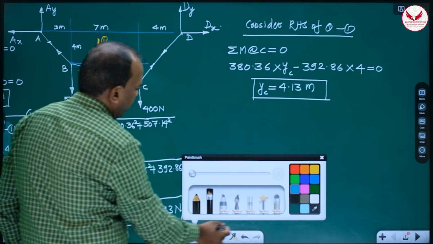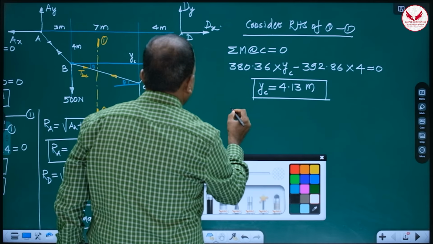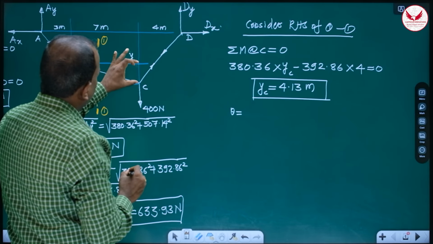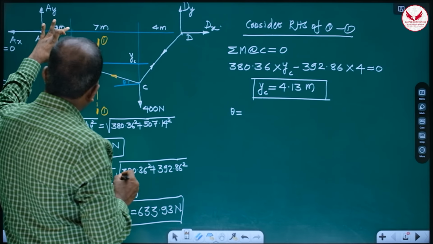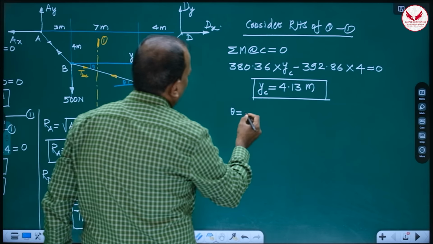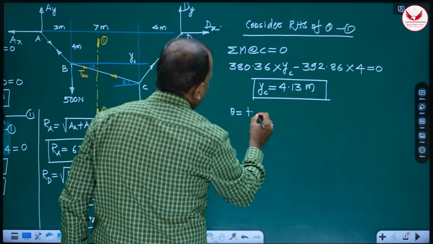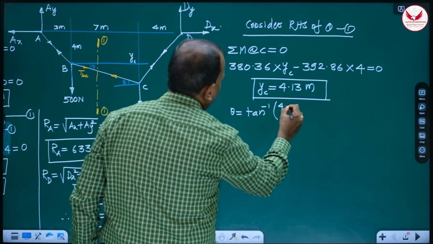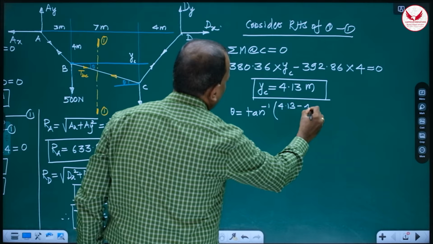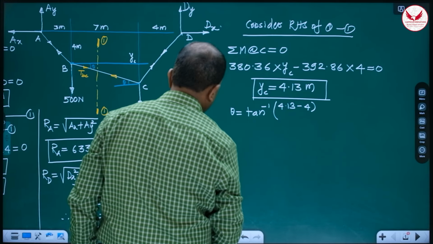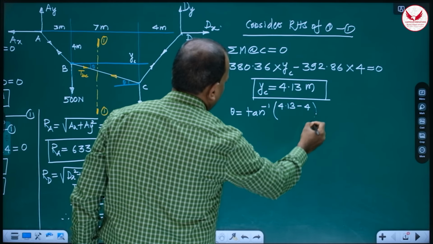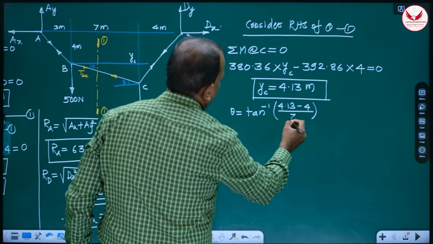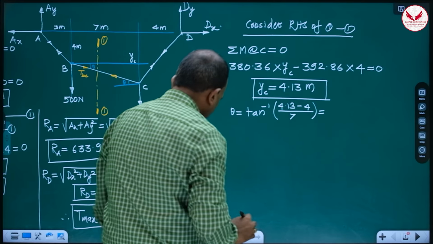Then this theta will be tan inverse of YC minus 4, that is tan inverse of 4.13 minus 4 divided by this span, which is 7. From this we'll get this angle.